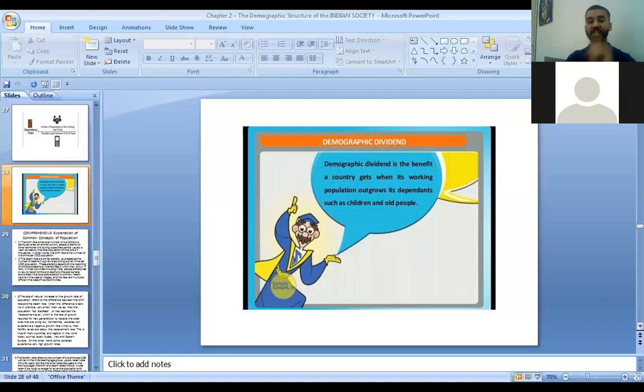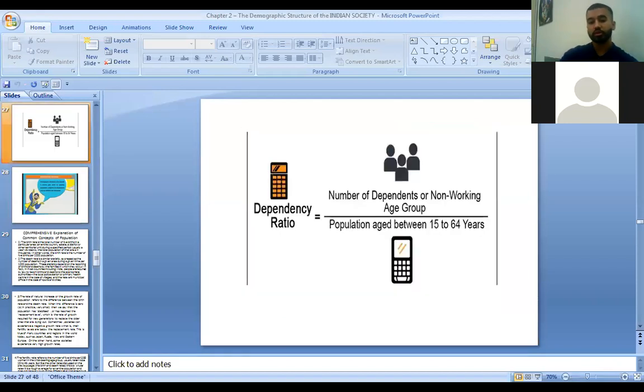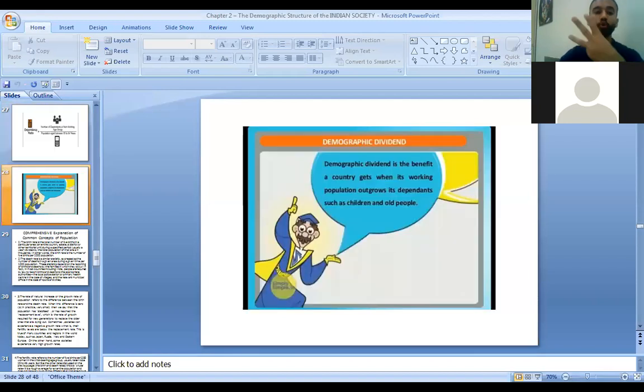Demographic situation is that situation. And remember the second group, from 15 to 64. I'm talking about the second group, which we can also call the working population.